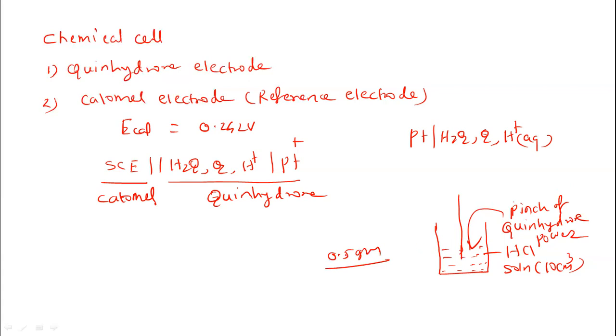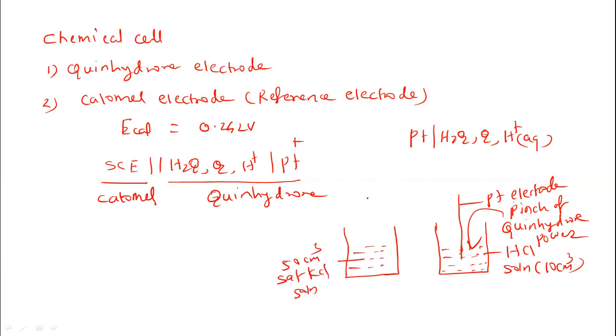Now in another 100 ml beaker, we have to take 50 ml of saturated KCl solution, 50 cm cube, or half a beaker of saturated potassium chloride solution, because we are going to construct the calomel electrode and dip the calomel electrode here.